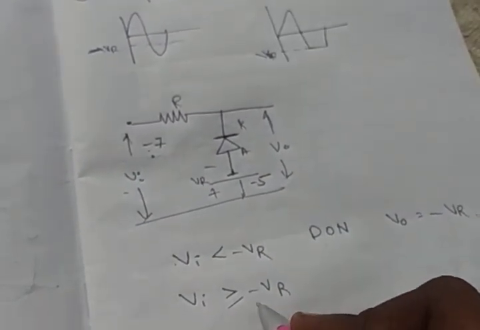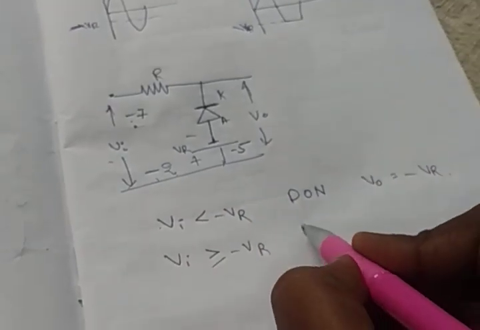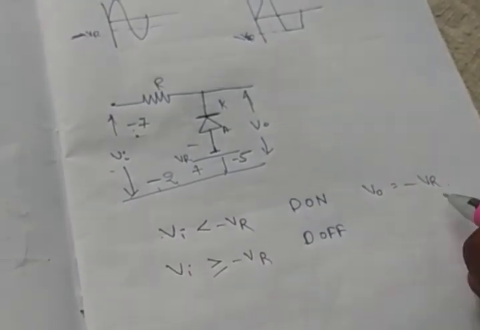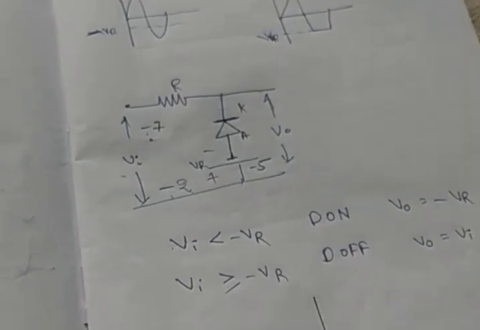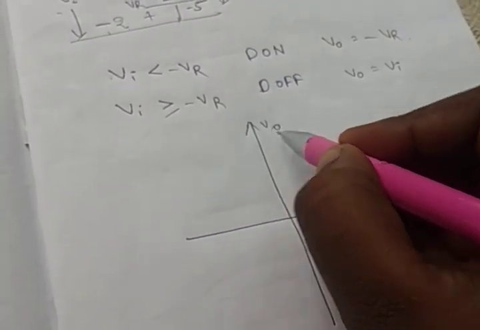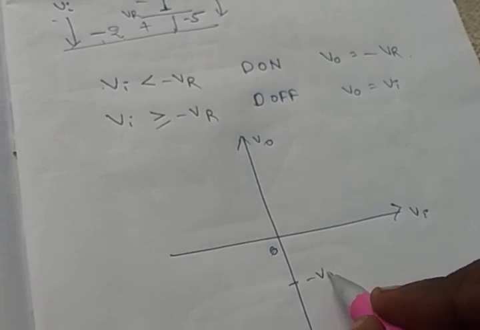For greater values than minus VR, say minus 2 for example, which is more negative, the diode is in off state now. So V0 will be equal to Vi. So let's see the transfer characteristics. This is Vi and this is V0, and 0. So VR should be here, minus VR.